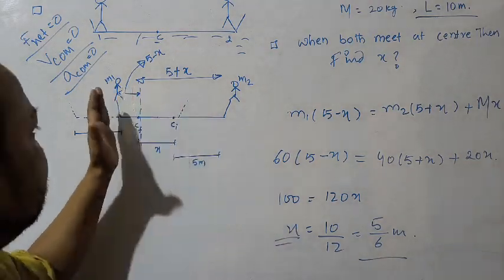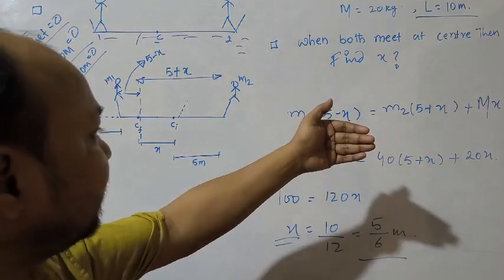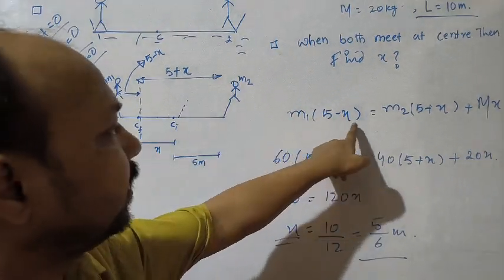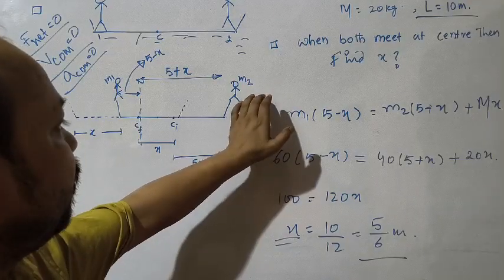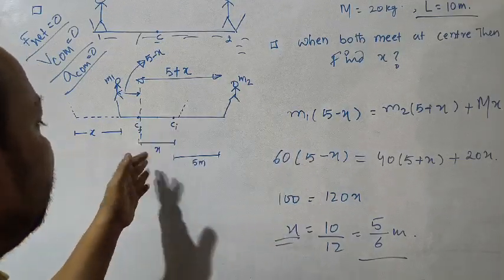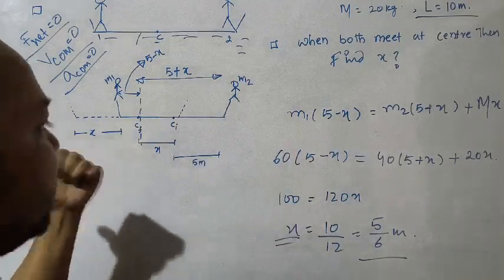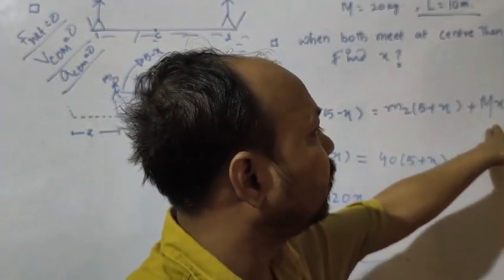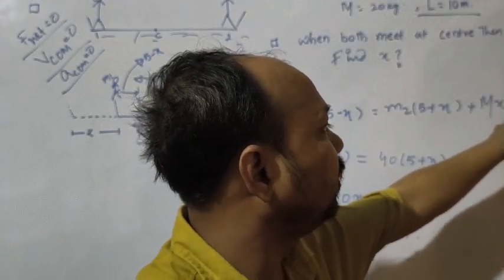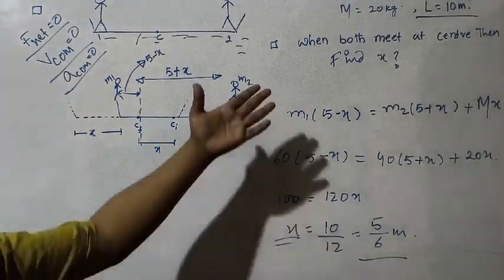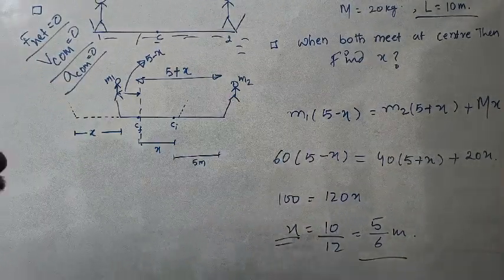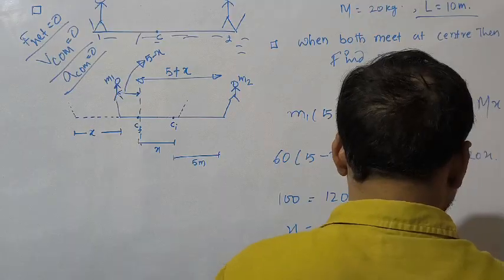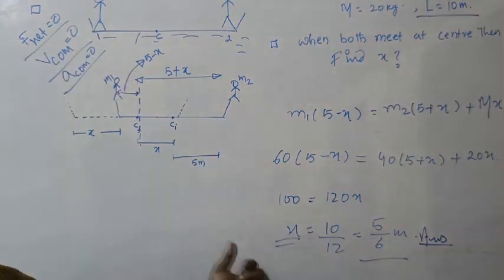Since M1 is moving in positive x direction, I am assuming forward as positive, so M1 into 5 minus x is equal to, boat and M2 both are moving in negative x direction or backward direction, so M2 into 5 plus x plus mass of boat into x. Then solving this we have got our required answer, which is 5 by 6 meter in backward direction.